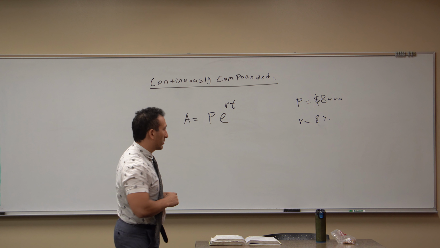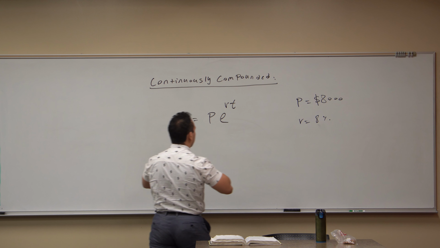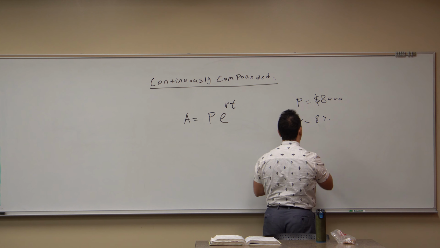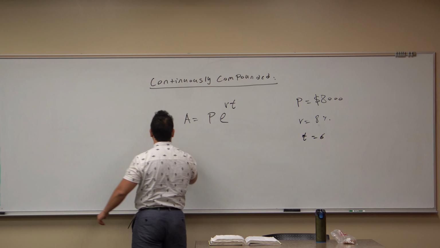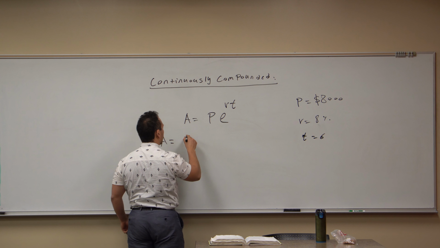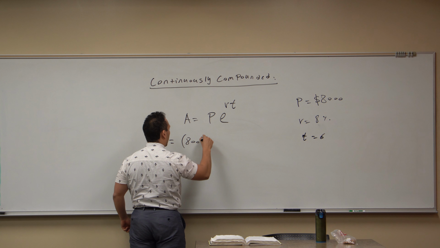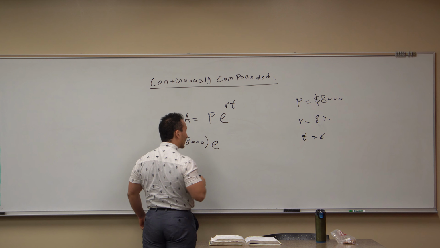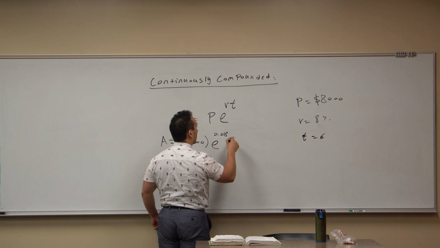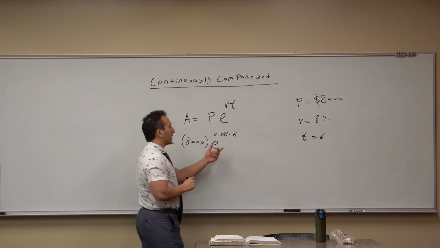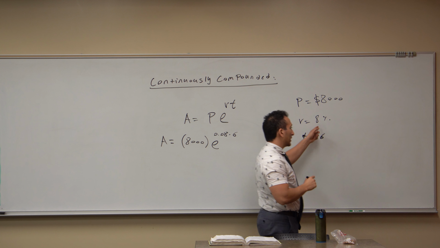Which one is superior? Okay, so at t equals 6 years, what do we have going on here? Well, the amount that we'll have after 6 years is the initial principal amount, 8,000, times the number E raised to the 0.08 times 6 power. Recall, we alter this percentage for the interest rate.